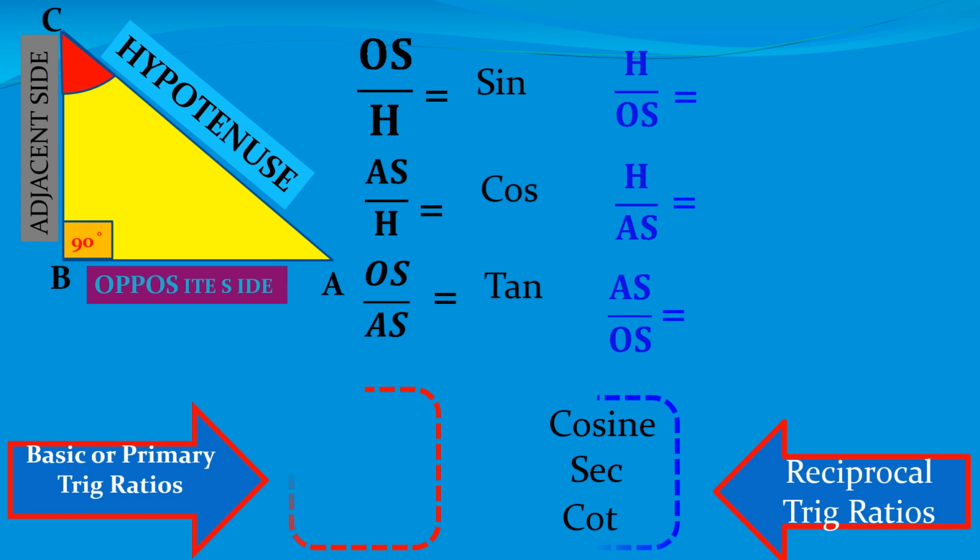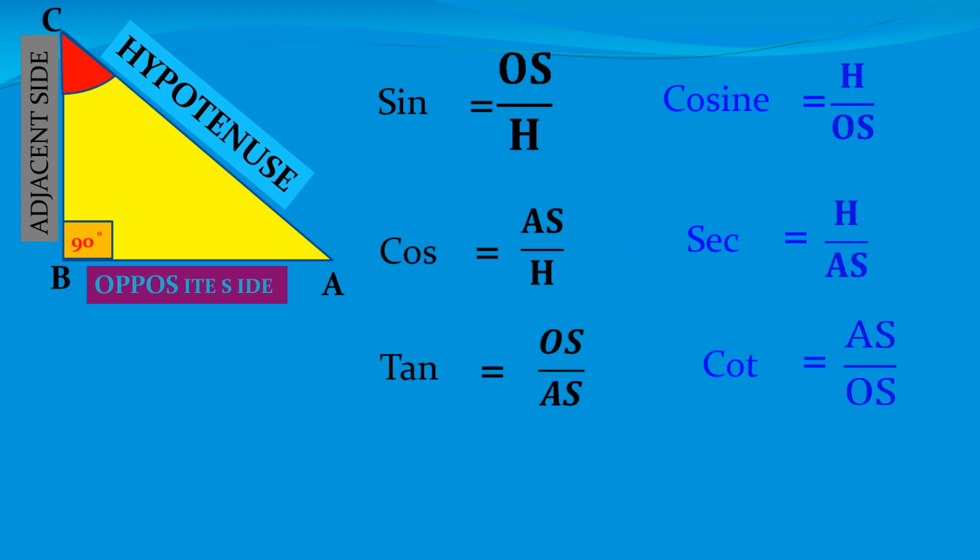These are the basic trigonometric ratios. The remaining are the reciprocals. Cosec means hypotenuse by opposite side, sec means hypotenuse by adjacent side, and cot means adjacent side by opposite side.